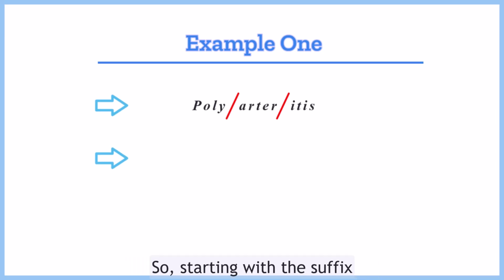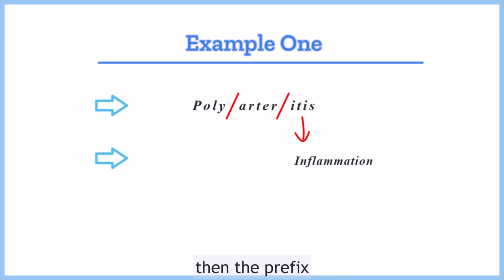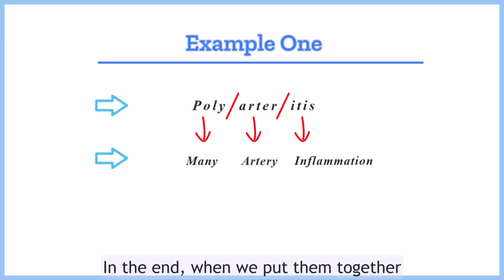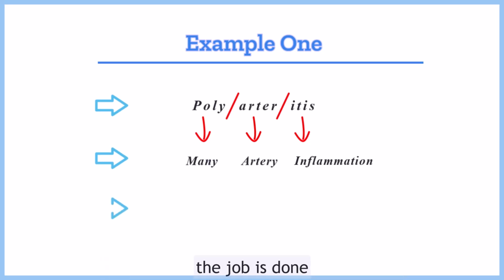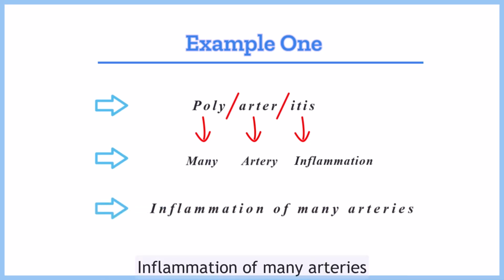So, starting with the suffix, itis means inflammation. Then, the prefix, poly, refers to many. And finally, the word root, arter, means artery. In the end, when we put them together, the job is done. So, inflammation of many arteries.